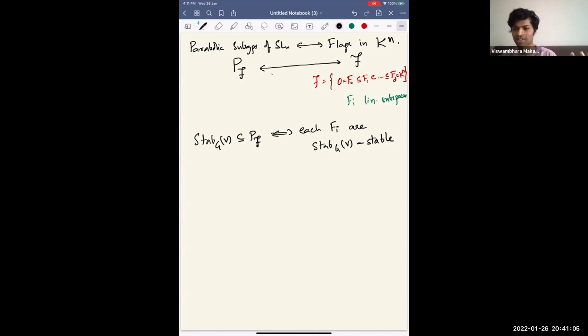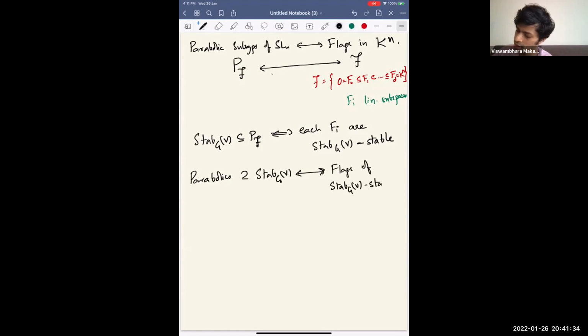It's a sub-representation for the subgroup. So if you think of what that means, if I look for parabolics containing the stabilizer, this is basically in bijection with the flags of stable subspaces.